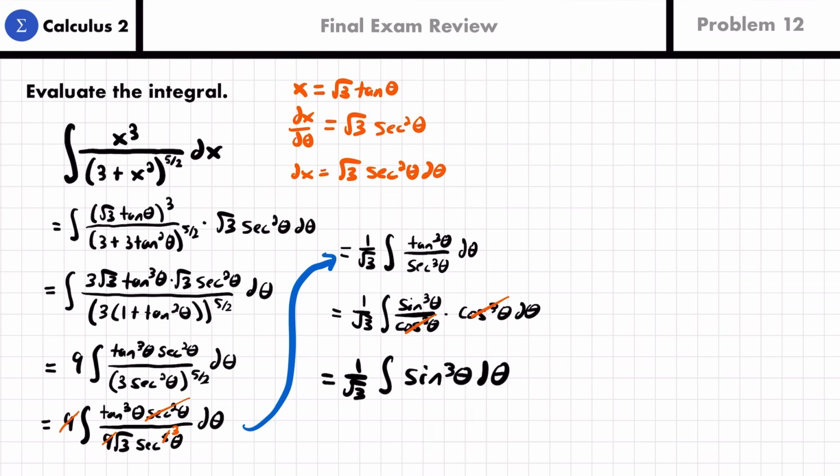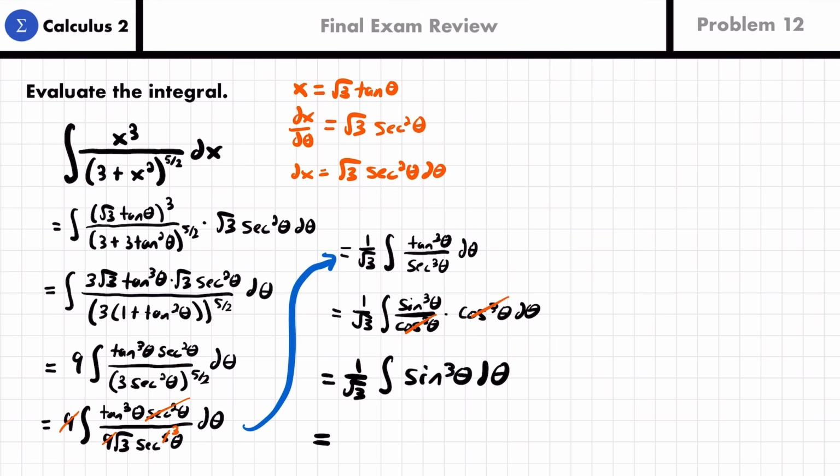We now just have a very basic trigonometric integral where we have sine raised to a power. And so this is where we need to remember our rules for solving trigonometric integrals. If you have a trig function raised to an odd power, what you want to do is split that odd power up such that you have that trig function to the power of 2, where you can then replace it with a trigonometric identity, specifically one of the Pythagorean identities.